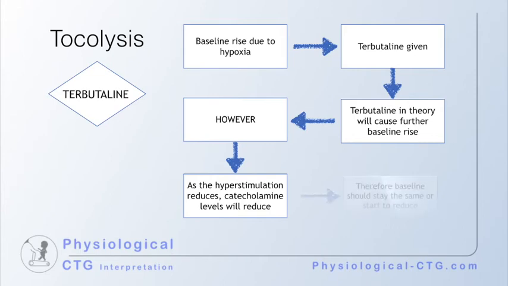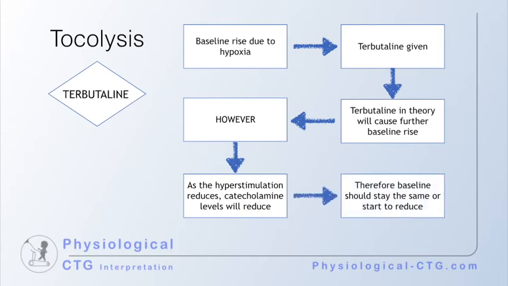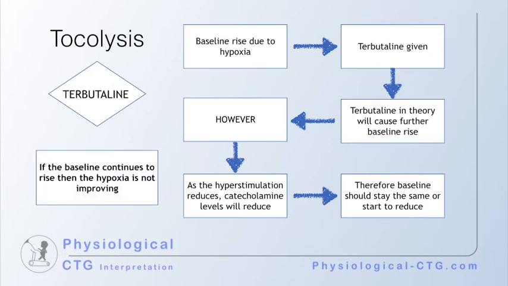Therefore, the baseline rate should either stay the same or start to reduce. Do not be alarmed if the baseline does not immediately start to reduce, as this is likely due to the effect of the terbutaline. However, if the baseline continues to rise, this suggests the hypoxia is not improving, and therefore further management needs to be commenced.